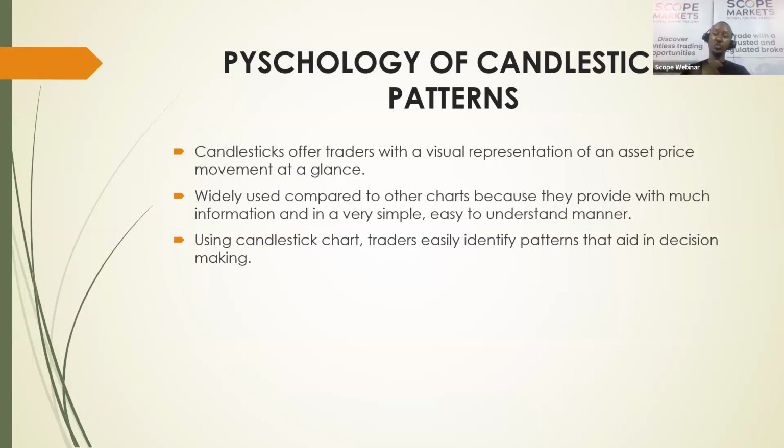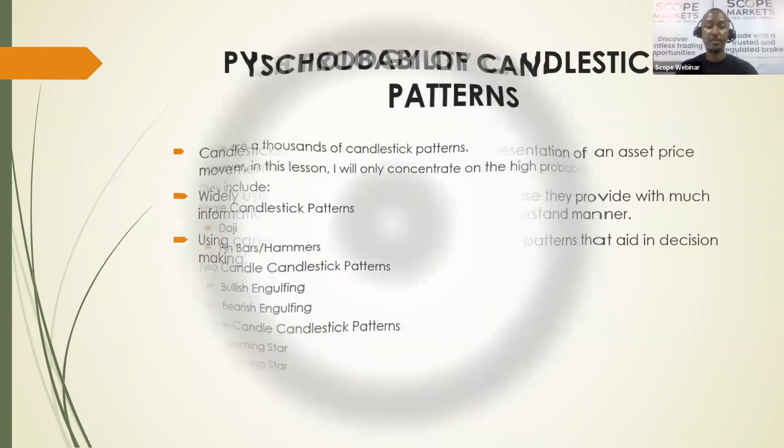You remember the reasons we looked at why 90% of traders use candlestick patterns, okay? They are widely used compared to other charts because they provide much information in a very simple and easy to understand manner. So when you're using candlestick charts, traders basically identify patterns that aid in decision making, okay?